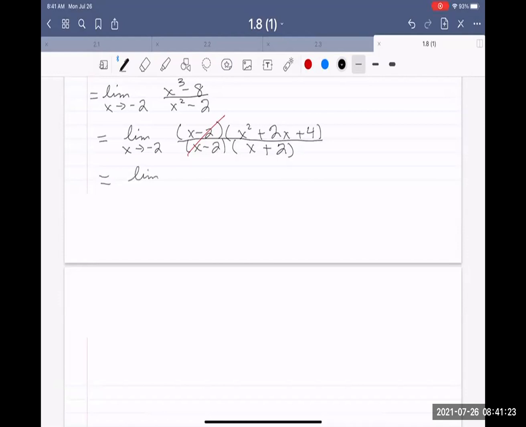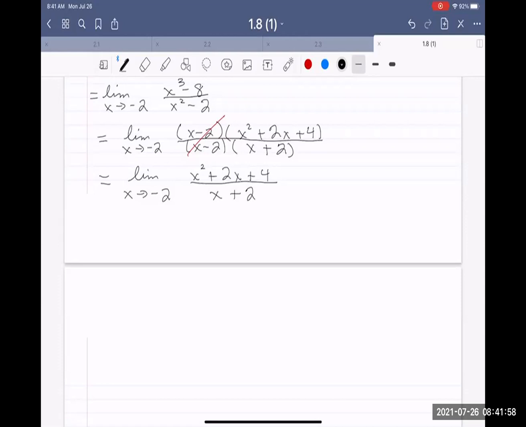This is the limit as x approaches negative 2 of x squared plus 2x plus 4 over x plus 2. Now, I have this two-sided limit. If I plug in negative 2, I'm going to get 4 minus 4 plus 4. So I'm going to get a 4 divided by, well, negative 2 plus 2 is 0. So 4 divided by 0, I don't know what's going on there.